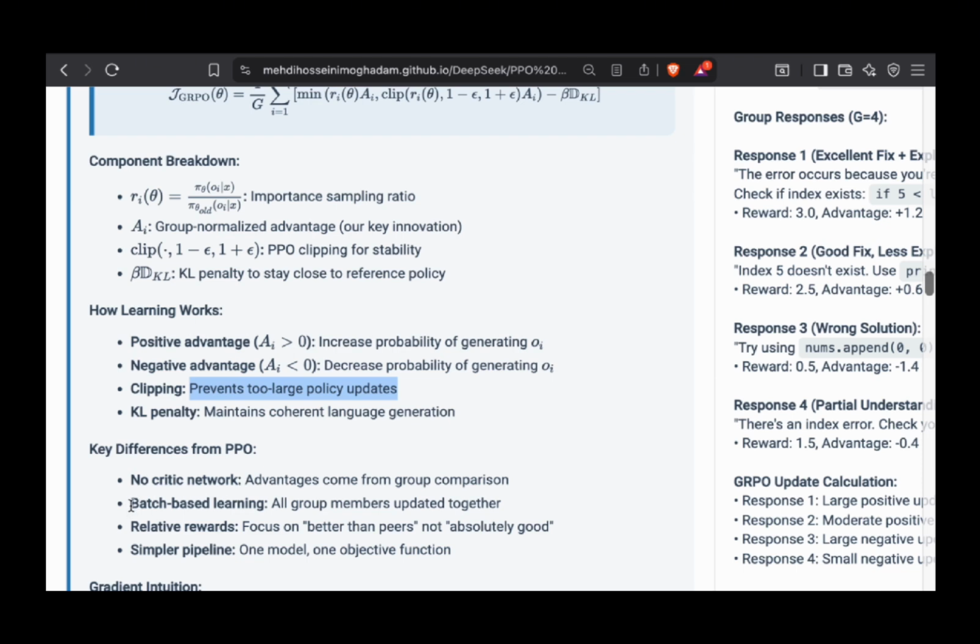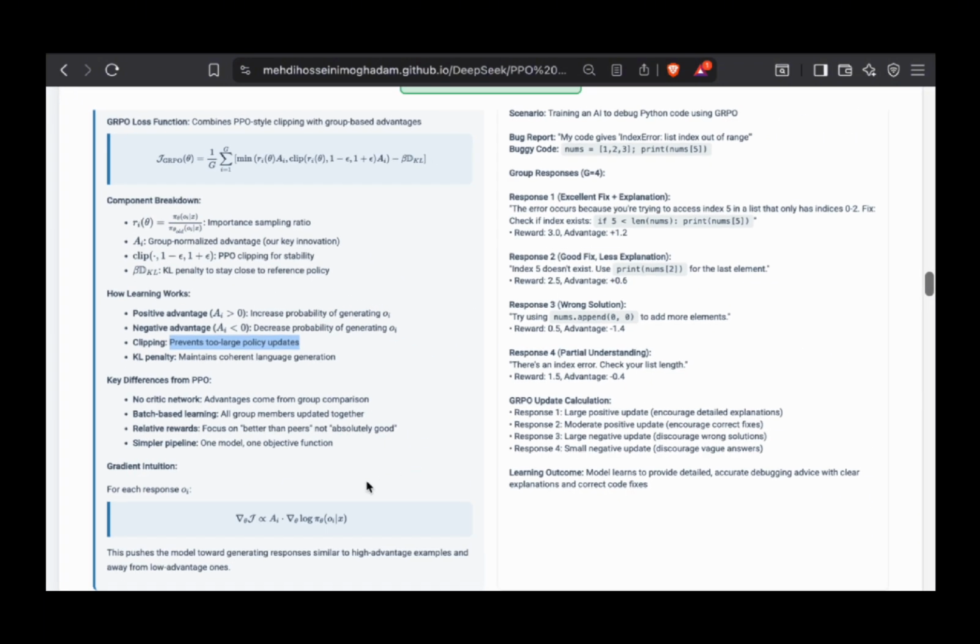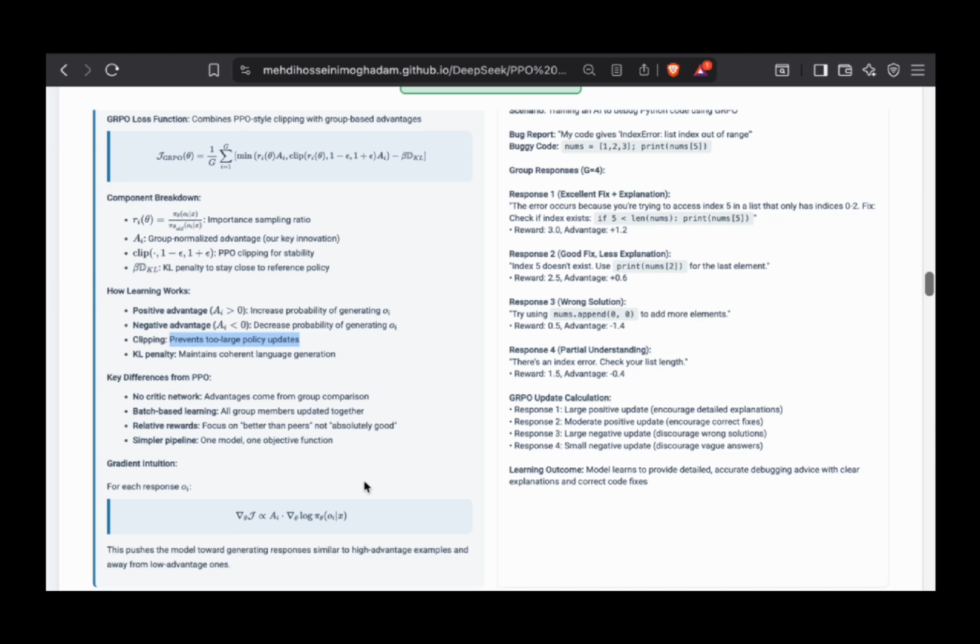Batch-based, or group-based, learning, because we have groups. And relative rewards focus on being better than peers, not absolutely good, which is somehow the same concept as DPO. Simpler pipeline, one model, one objective, and that's it, which makes it much easier to calculate and solve the whole problem.